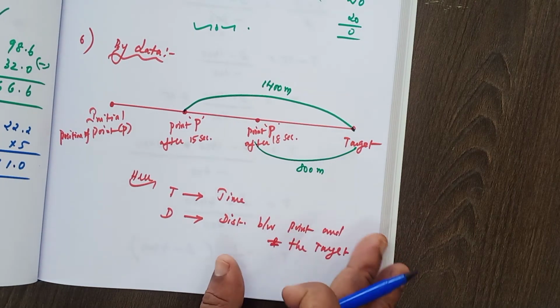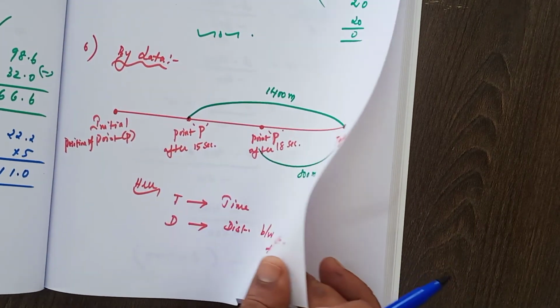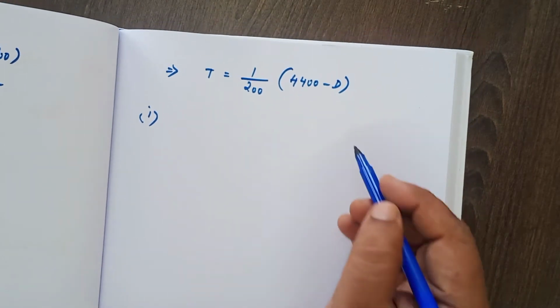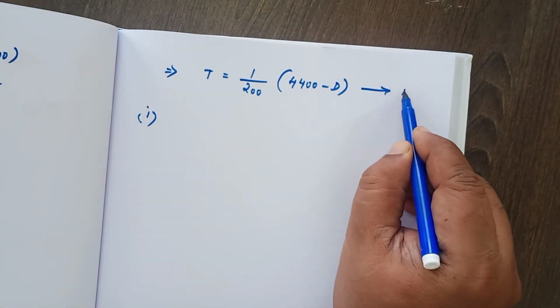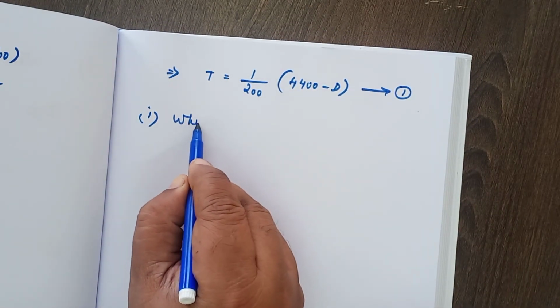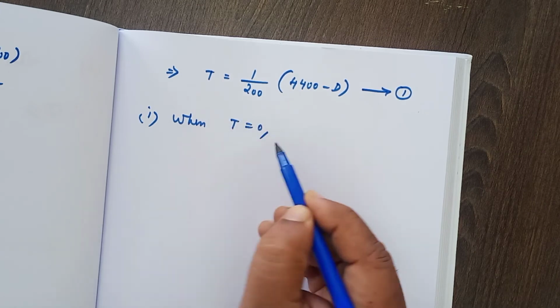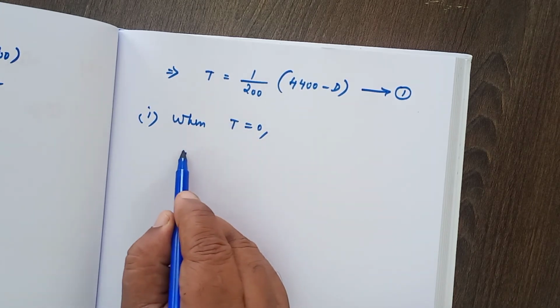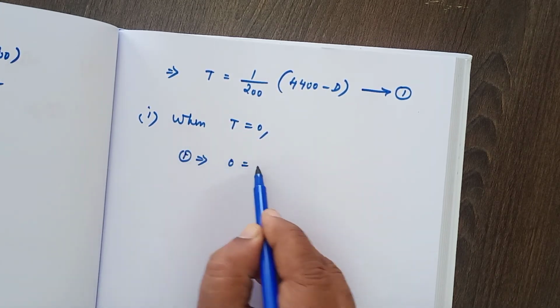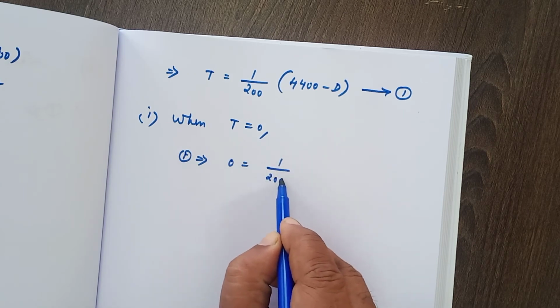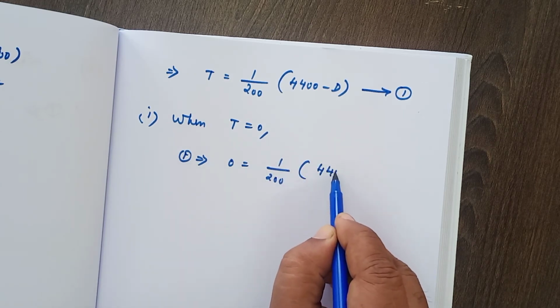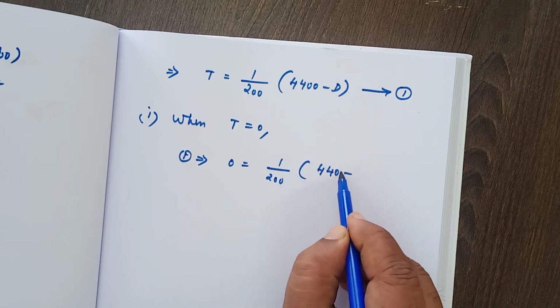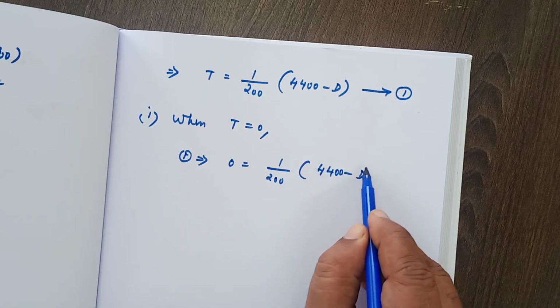So, when t equals 0, let it be equation number 1. When capital T equals 0, substitute T equals 0 here. 0 equals 1 by 200 into 4400 minus d.